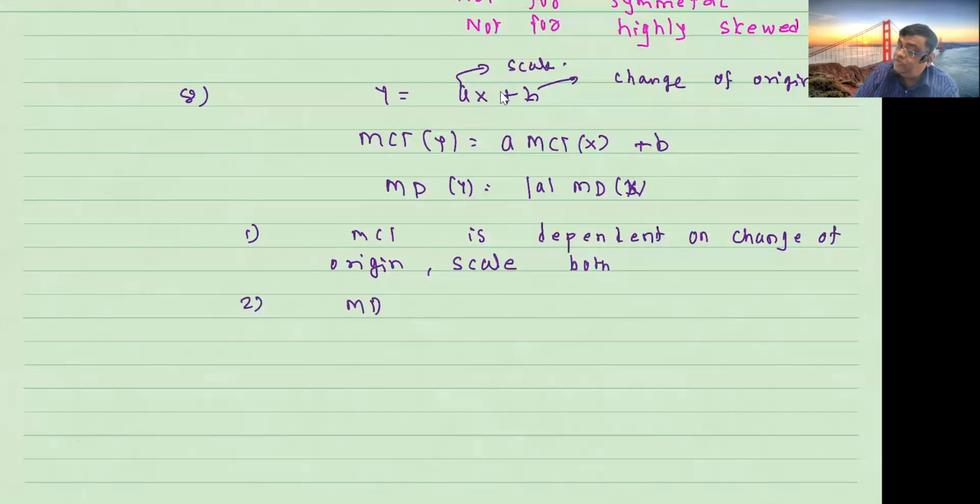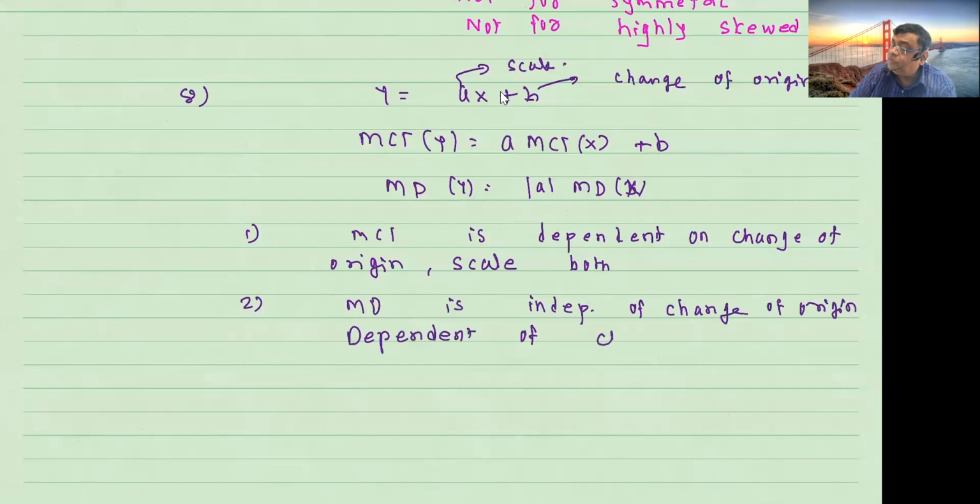Measure of dispersion is independent of change of origin, but it is dependent on change of scale.